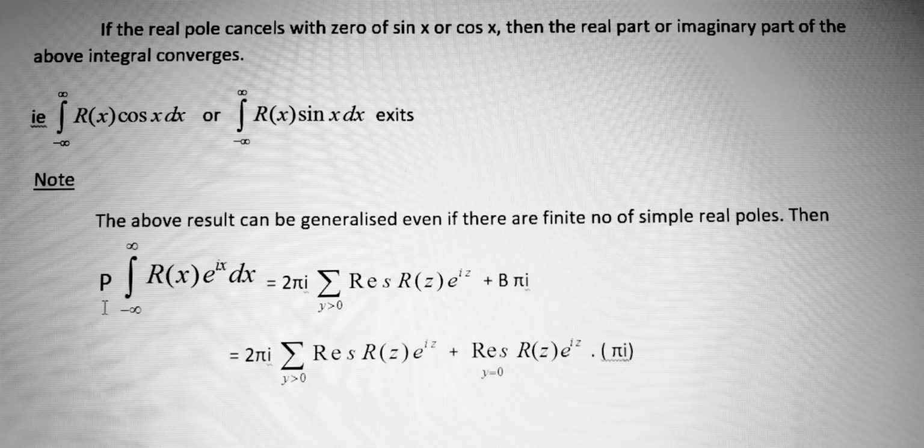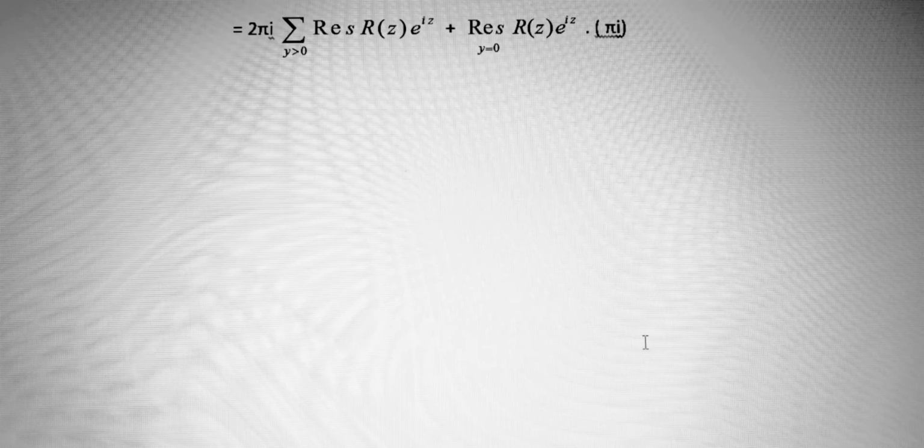Then the principal value of the integral from minus infinity to infinity of r(x) e^(ix) dx is equal to 2 pi i times the sum over y greater than 0 of the residues of r(z) e^(iz), plus b pi i, which is equal to 2 pi i times the sum over y greater than 0 of the residues of r(z) e^(iz), plus the sum of the residues of r(z) e^(iz) at the real poles times pi i. Thank you.